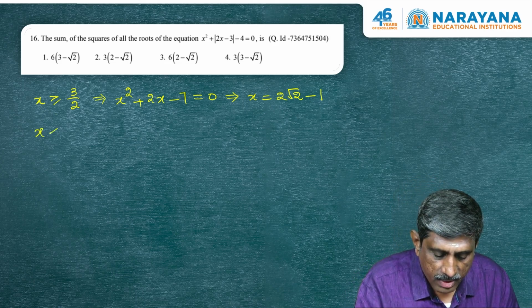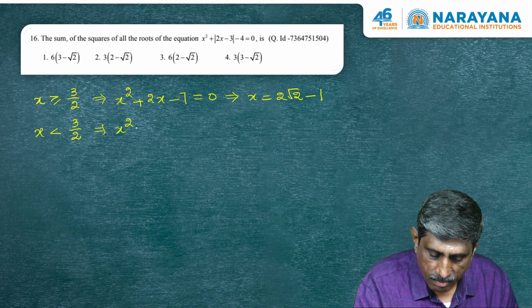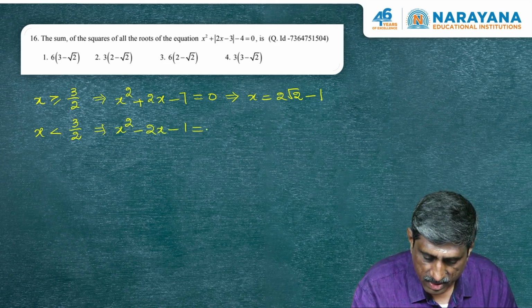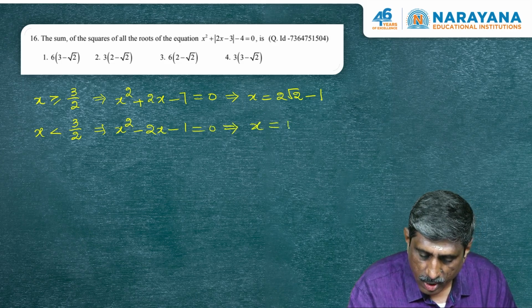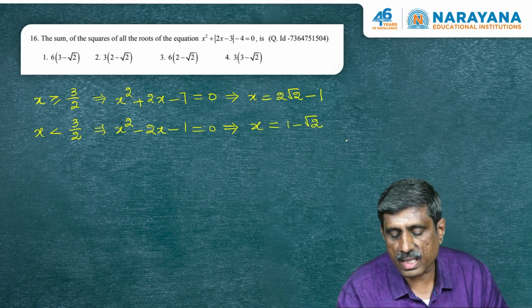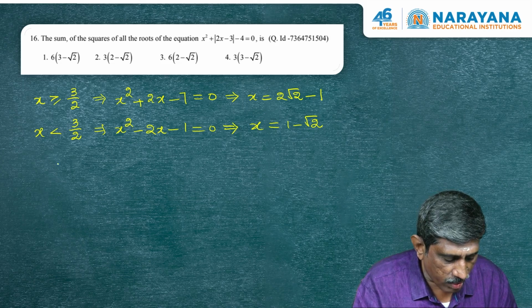When you take x less than 3 by 2, the equation is going to become x square minus 2x plus 3 minus 4, which is minus 1, is equal to 0, and x is equal to 1 minus root 2 is the only root which satisfies the given condition. The other root does not satisfy the given condition. We have to find the sum of the squares of the roots.